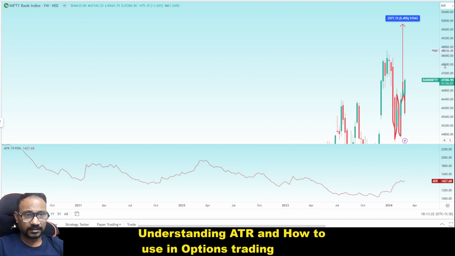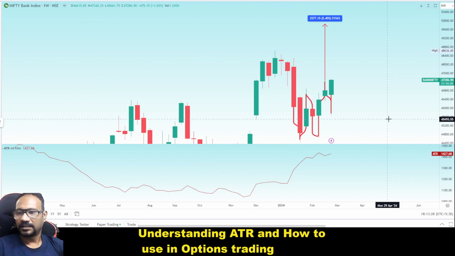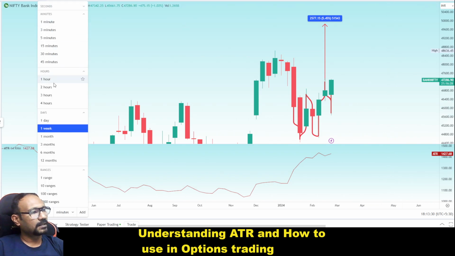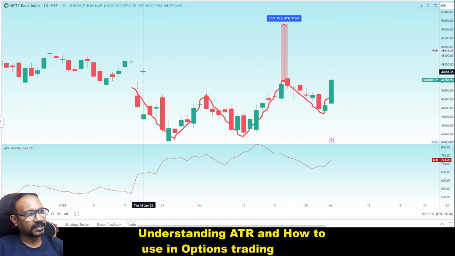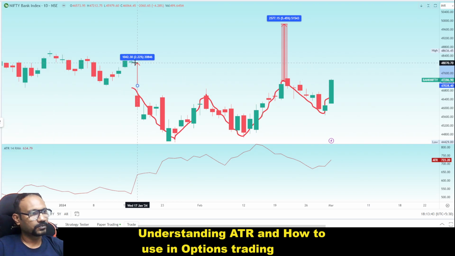But given the conditions over here, can that happen immediately? If we go to the day candle, you see this. This is the least that can be expected to be filled, right? So this is the least that you can expect from the neckline to here.